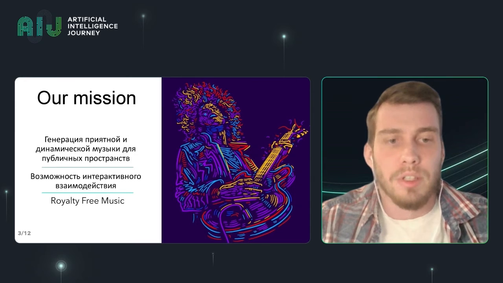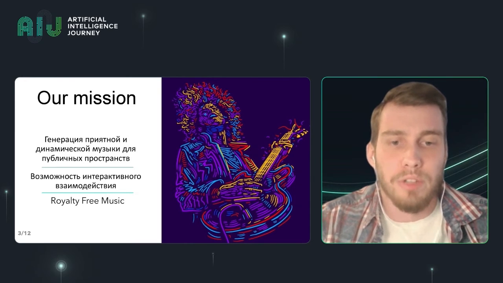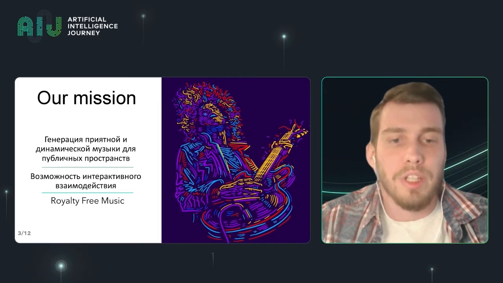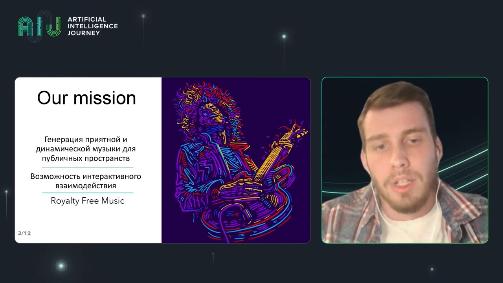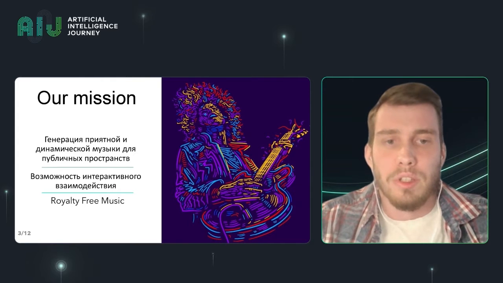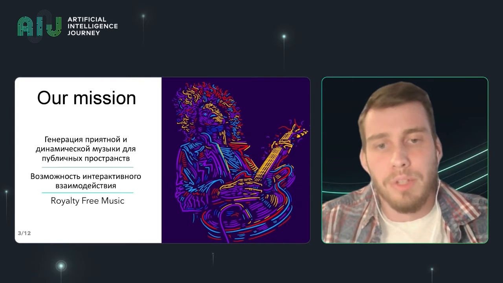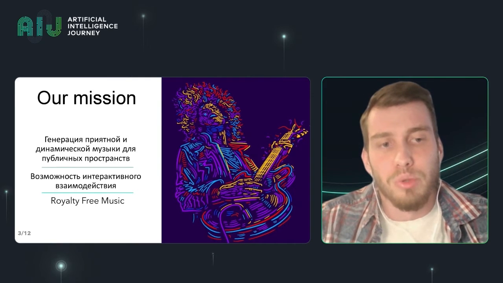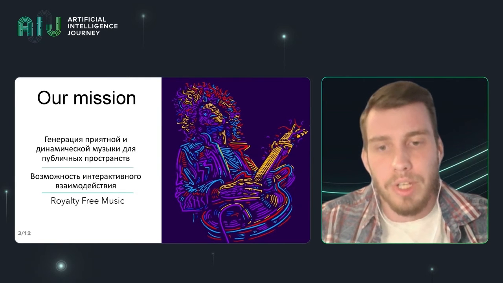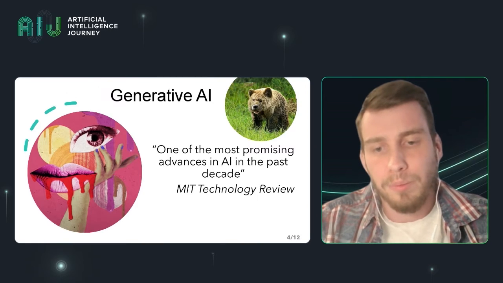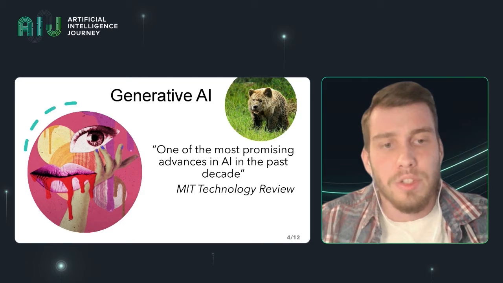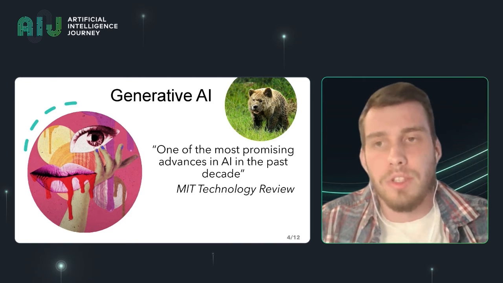The second important stage is the interactivity of the system we develop. It should have an interface with which the person can interact, like switching the tracks using gestures or voice commands. And last but not least, the royalty-free policy, so that we could allow the music to be used everywhere without any worries about getting strikes for IP violations.